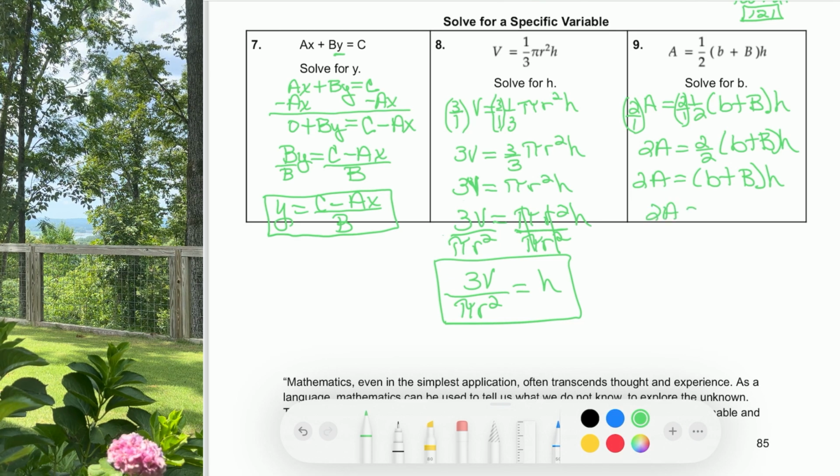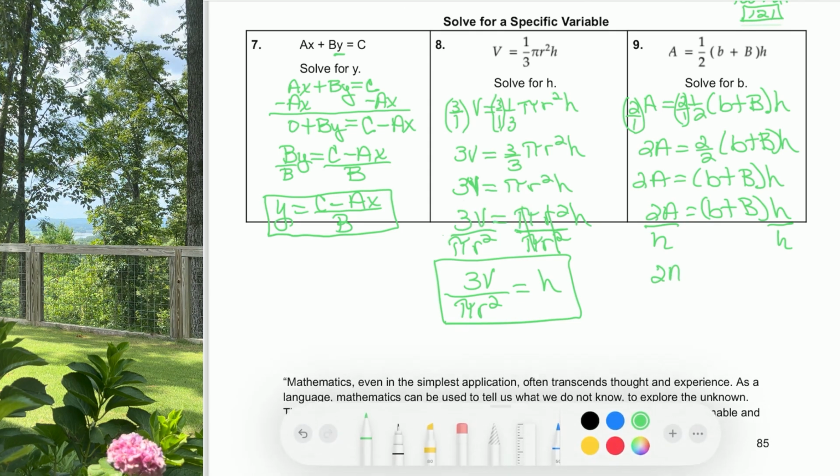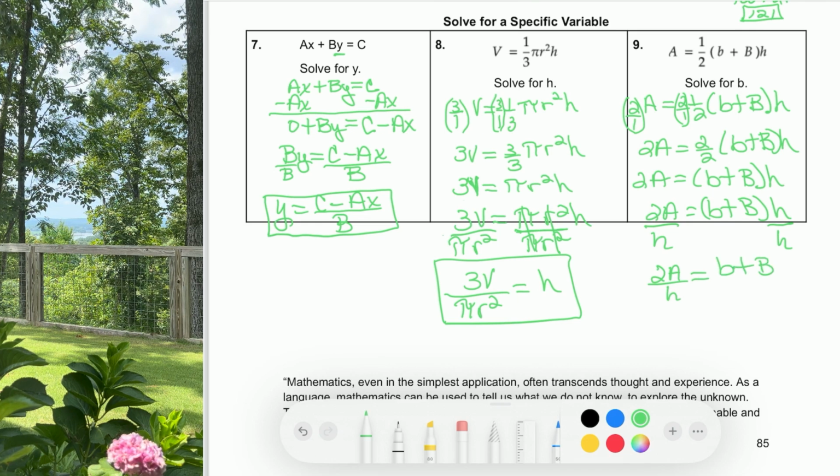Now what we need to do, let me rewrite it so you can see the step that we're actually going to perform, is we have that b plus B in parentheses multiplied against that h, okay? We need to move that h, and since it's multiplication, we're going to divide both sides by h. That is going to give us 2a over h equals b plus capital B. Now we can actually move the capital B because they wanted us to solve for the lowercase b.